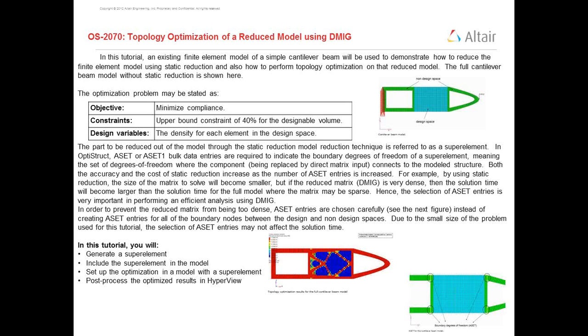In order to prevent the reduced matrix from being too dense, ASET entries are chosen carefully. Instead of creating ASET entries for all the boundary nodes between the design and non-design space, due to the small element size of the problem used for this tutorial, the selection of ASET entries may not affect the solution time.